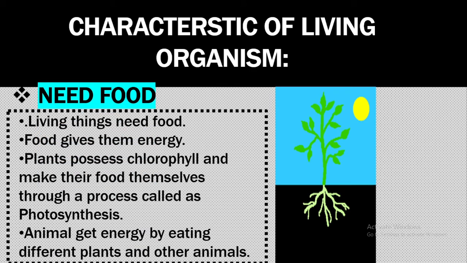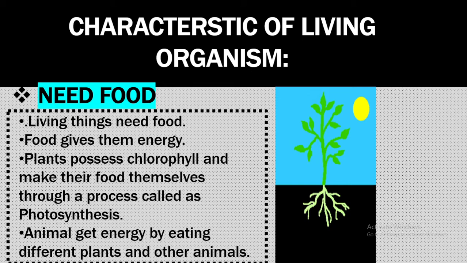Living things need food. Food gives them energy. Plants possess chlorophyll and make their food themselves through a process called photosynthesis. Animals get energy by eating different plants and other animals. Actually, students, living things need nutrition. Nutrition simply means eating.